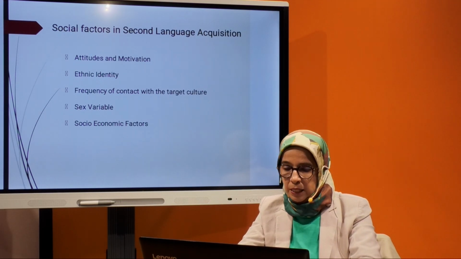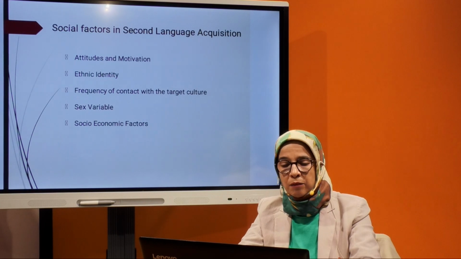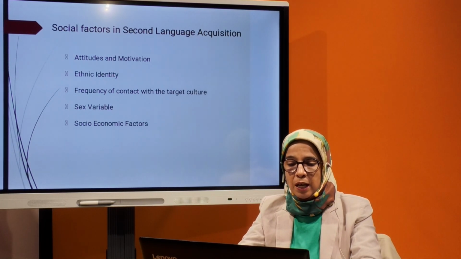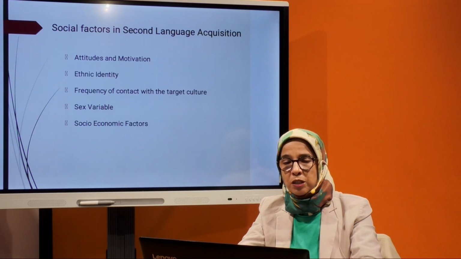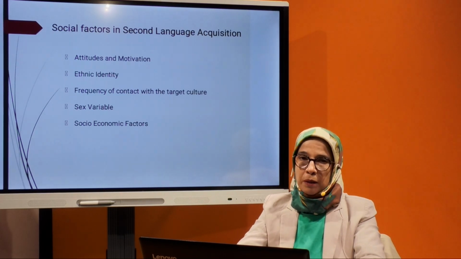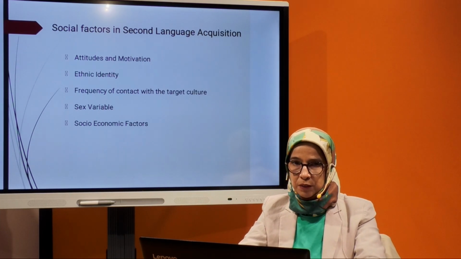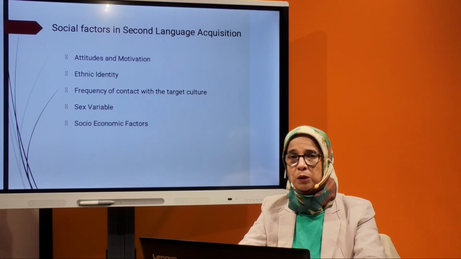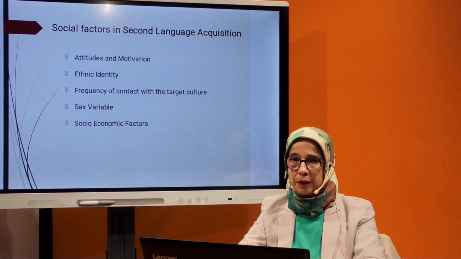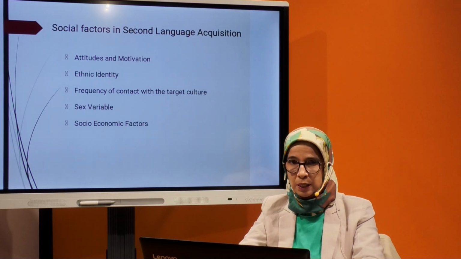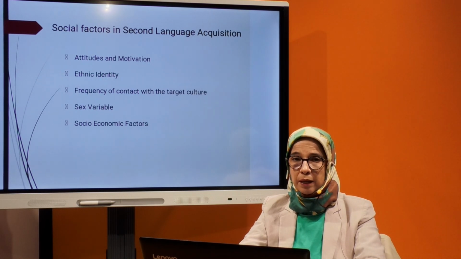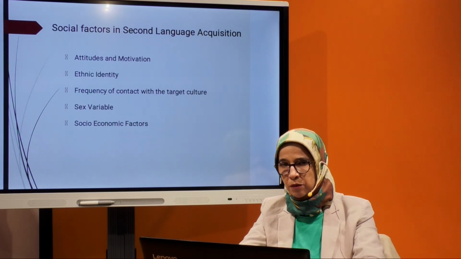It's not always the case that a higher level of achievement is just caused by being abroad or by being directly in contact with native speakers. Of course, this is very important in learning a language. It's a plus. But it doesn't mean that somebody who has never been abroad cannot master languages. Why? Because there are many variables contributing to the acquisition of languages, not just one variable.